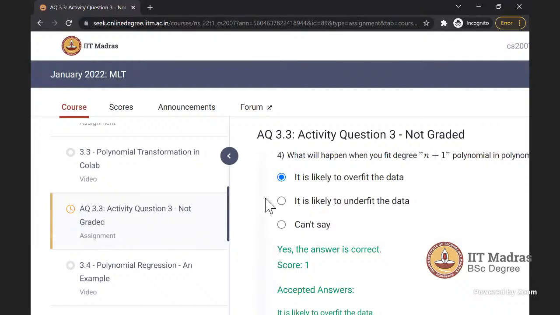But if we want higher accuracy, we can go with higher degrees, so we can have polynomial features, and then we just care about the accuracy. We don't care how much coefficient each feature has and how much it contributes.